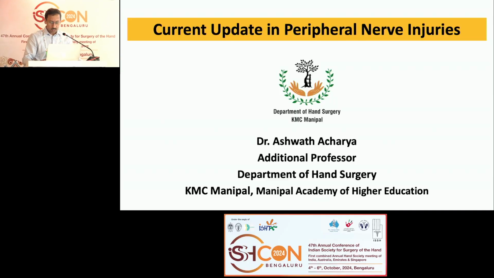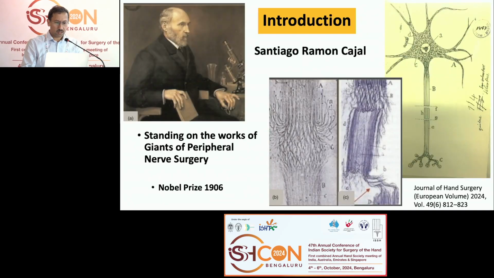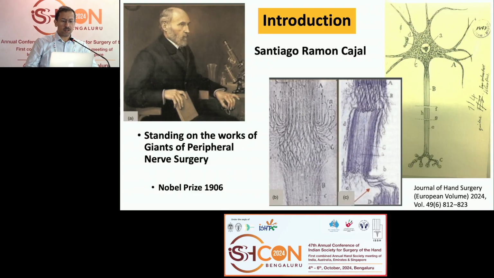Good afternoon. So let's get into some of the recent updates we've come across in the last few years. Now we are standing on the works of the legends of nerve surgery. It all started with the pioneer Ramon Cajal, who got the Nobel Prize, and the drawings which he drew about peripheral nerve healing.